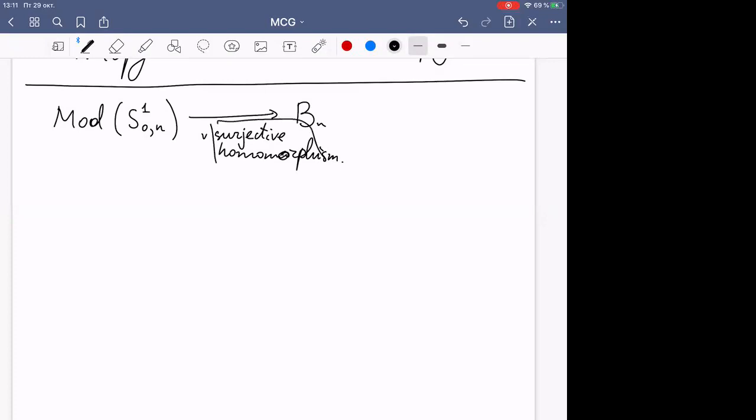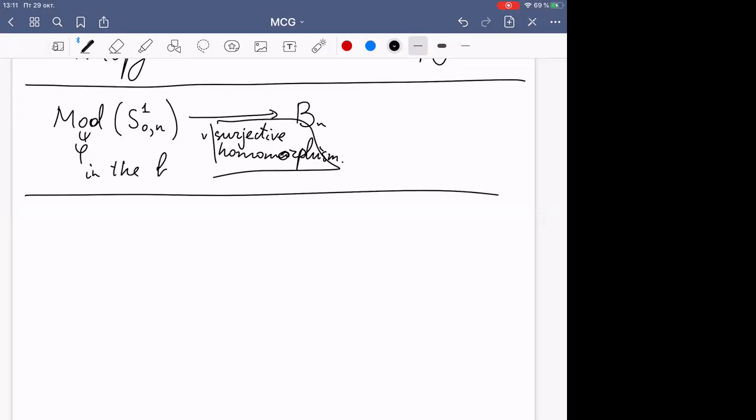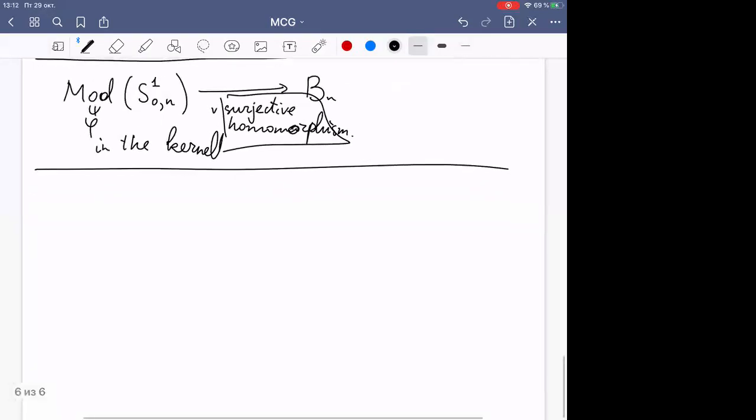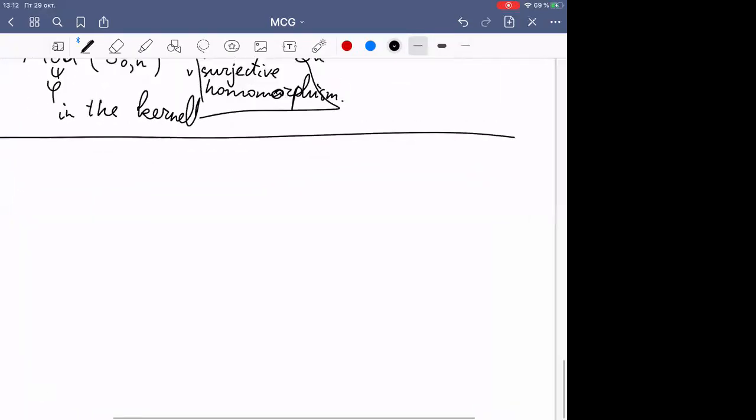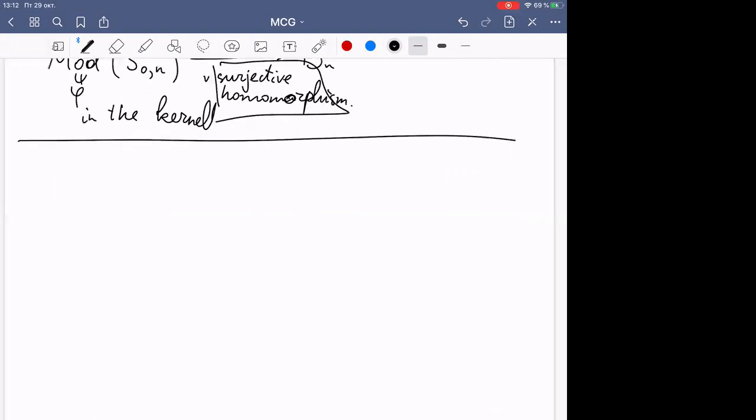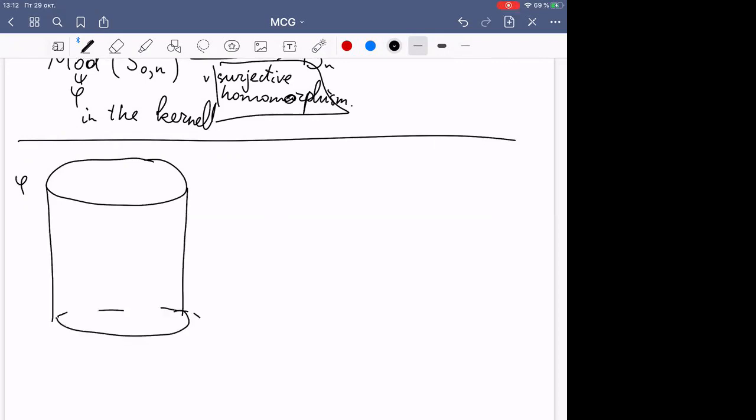Look, take any phi in the kernel. What we see here is that we have an isotopy between this phi and the identity.